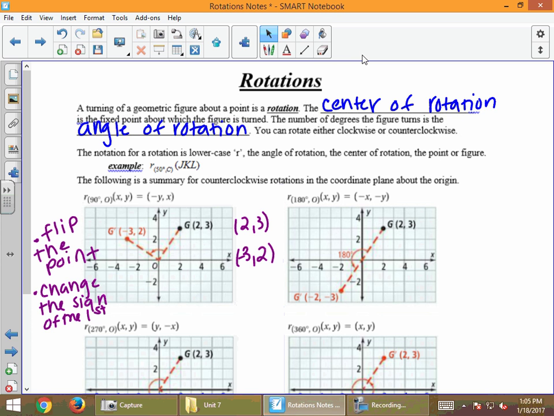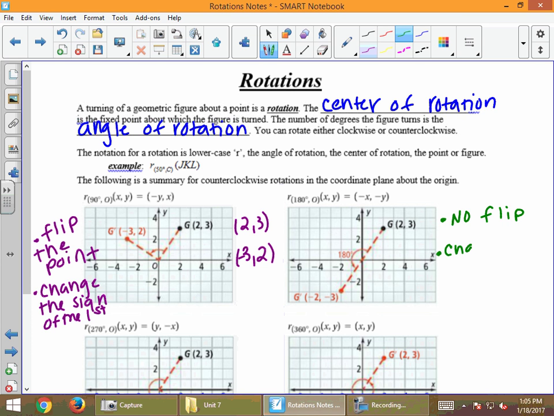With 180 degrees, when you're asked to rotate something 180, you're not going to flip anything. There's no flipping. All you're going to do is change the sign of both. Right? And you notice here we had 2, 3.